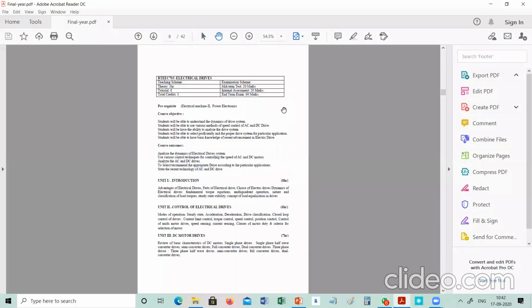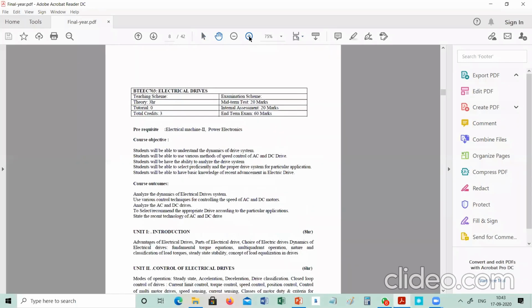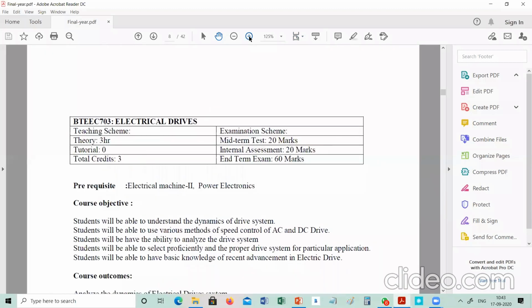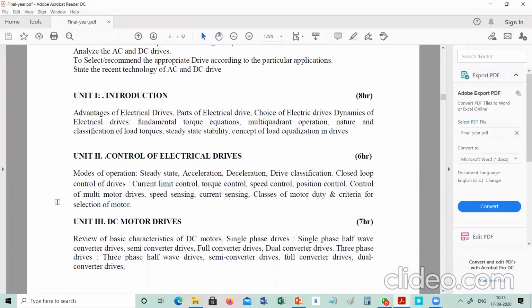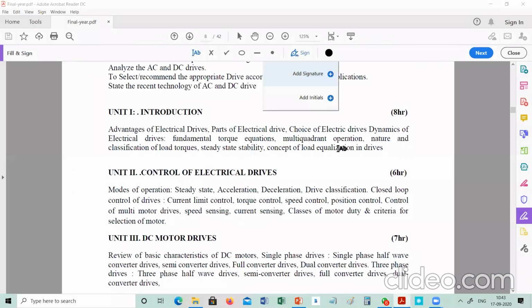This is the syllabus. The third chapter is... one minute.